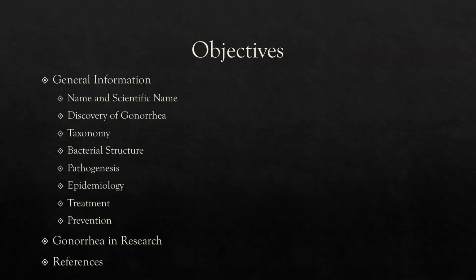We saw the taxonomy as well as the bacterial structure, the pathogenesis of this bacteria, as well as the epidemiology, and then our treatment and prevention. We ended with gonorrhea and research, specifically looking at different treatments for gonorrhea that is essential in prevention and treatment because of the adaptability of this spectacularly built bacteria.